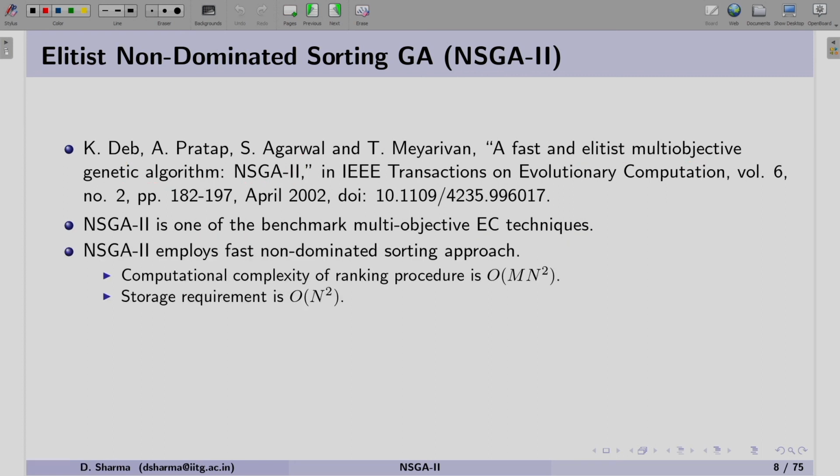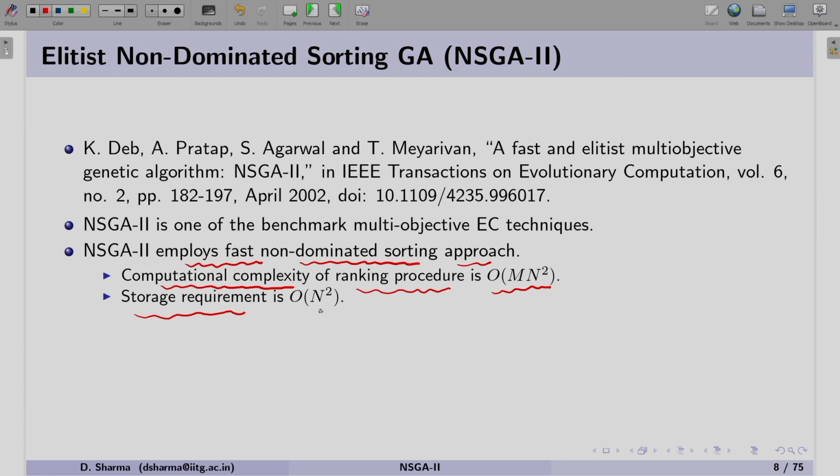There are certain features because of which this algorithm is popular. One of the features is that NSGA2 employs fast non-dominated sorting approach. In this particular approach, the computational complexity of ranking procedure is order of MN square, and the storage requirement is of order N square.